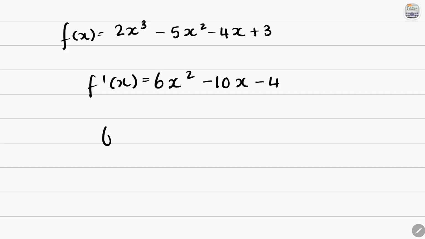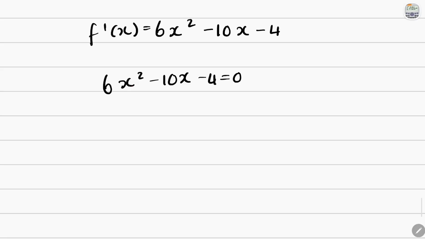So we're just going to equate this to 0. So 6x squared minus 10x minus 4 equals 0. Do you see that we have a common factor of 2 all through? So we can simply divide both sides of this equation by 2. Therefore, we have 3x squared minus 5x minus 2 equals 0.